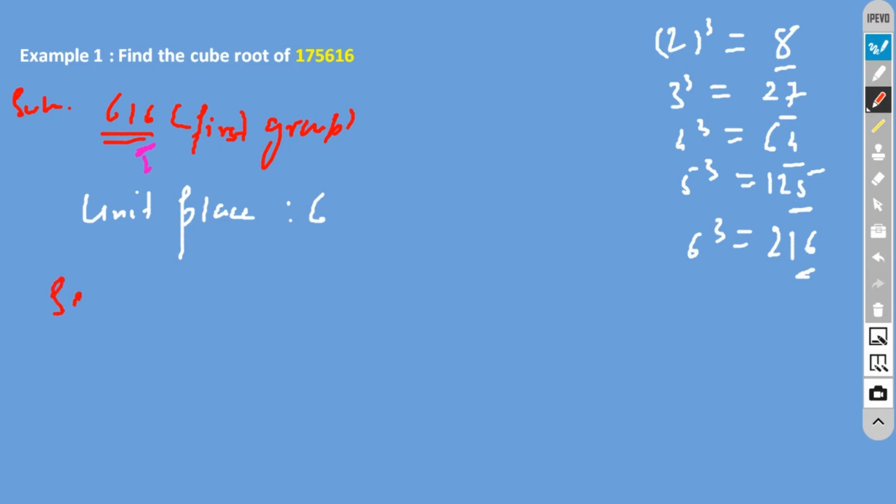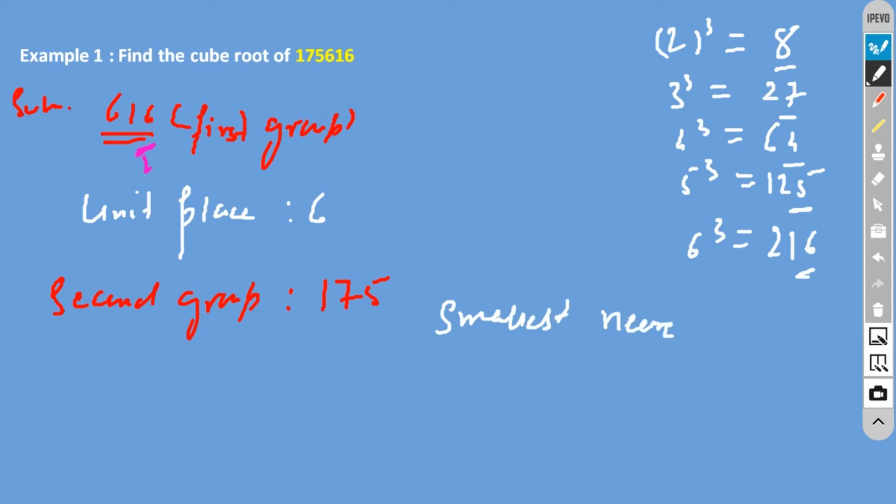Now, the second group is 175. From here we are going to find the tens place. What we are going to do is find the smallest, remember that, smallest nearest cube.